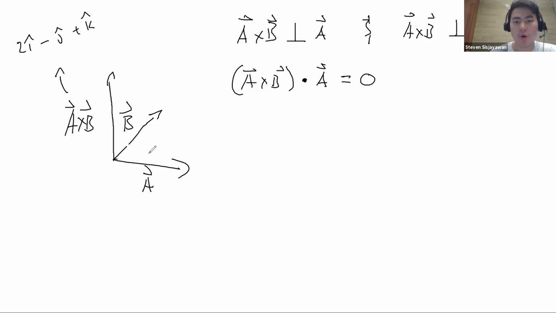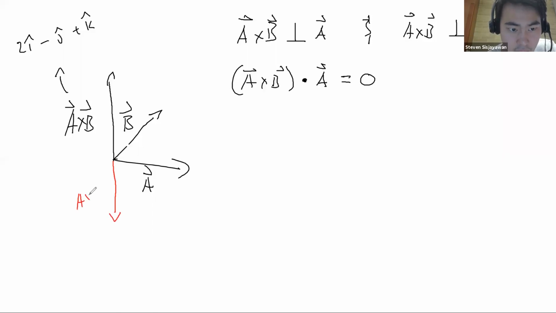Now there is another thing to note about cross products. As I mentioned, you created another vector that is orthogonal to both B and A. But you notice that there are two directions where the new vector can be orthogonal to both A and B. One is upwards and the other is down, right?